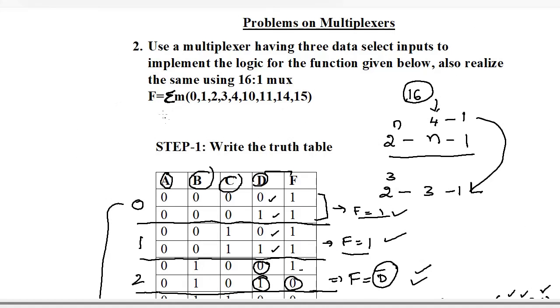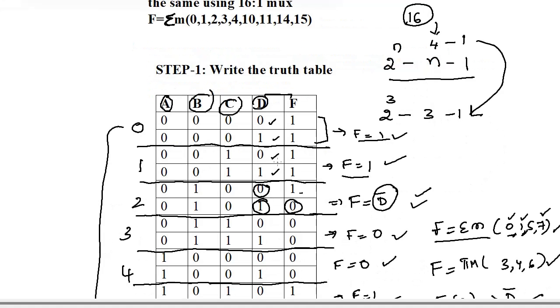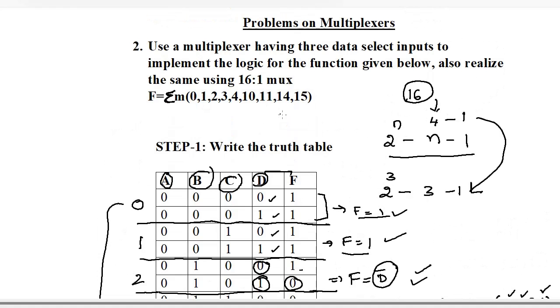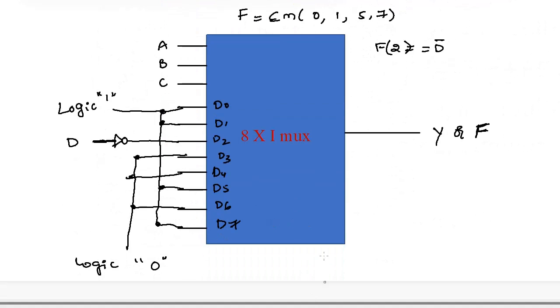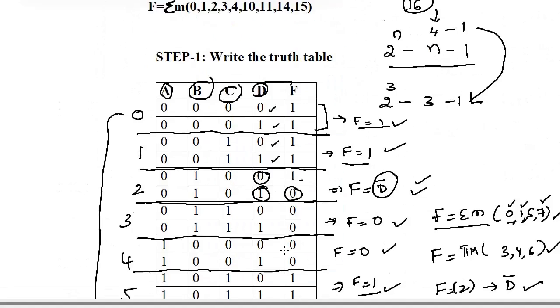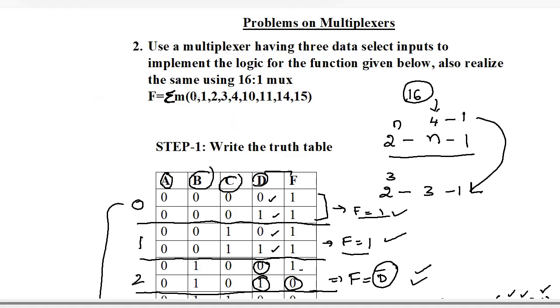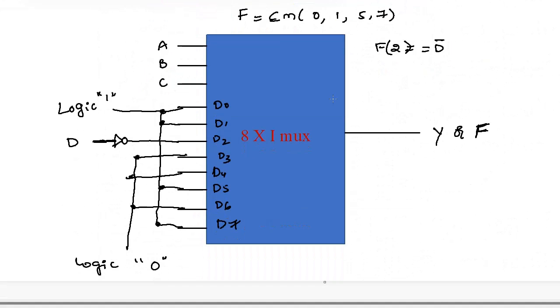Simply, to draw it, for the sigma terms you connect logic 1, and the missing terms you connect with logic 0. So the selected inputs are A, B, C, D, and the output is Y, and D0 to D15 are the input data lines. Whatever the function values are there, you connect with logic 1, and the missing terms you connect with logic 0. That is the representation of the 8 by 1 multiplexer and the 16 by 1 multiplexer.